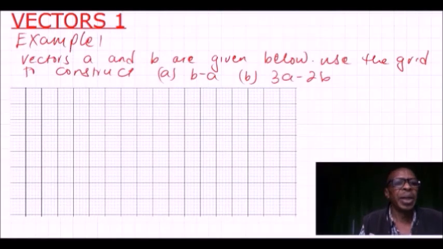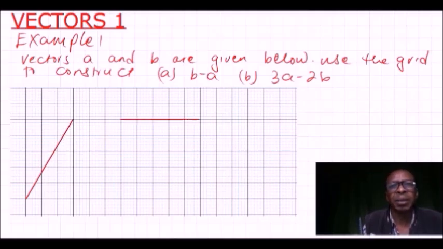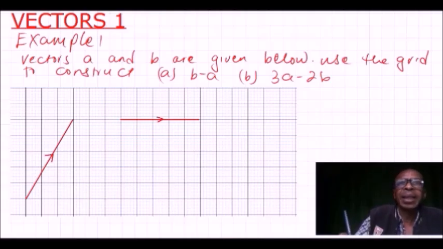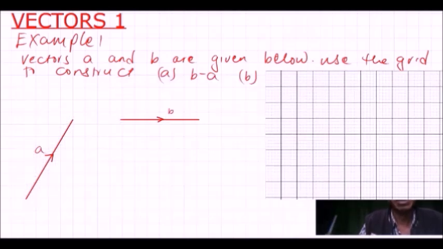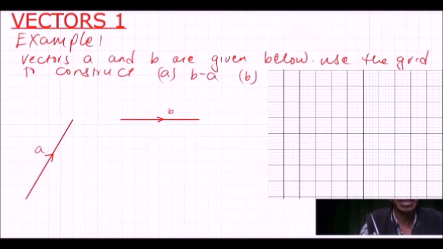So we can have vectors like that, and we have a vector like that. So this is vector A, and this is vector B. Let me combine them so that I can work as a single unit.